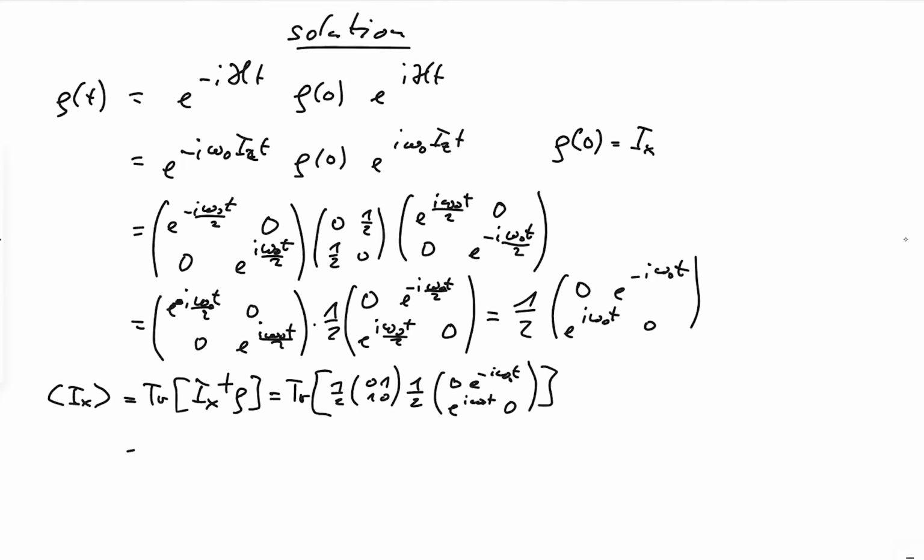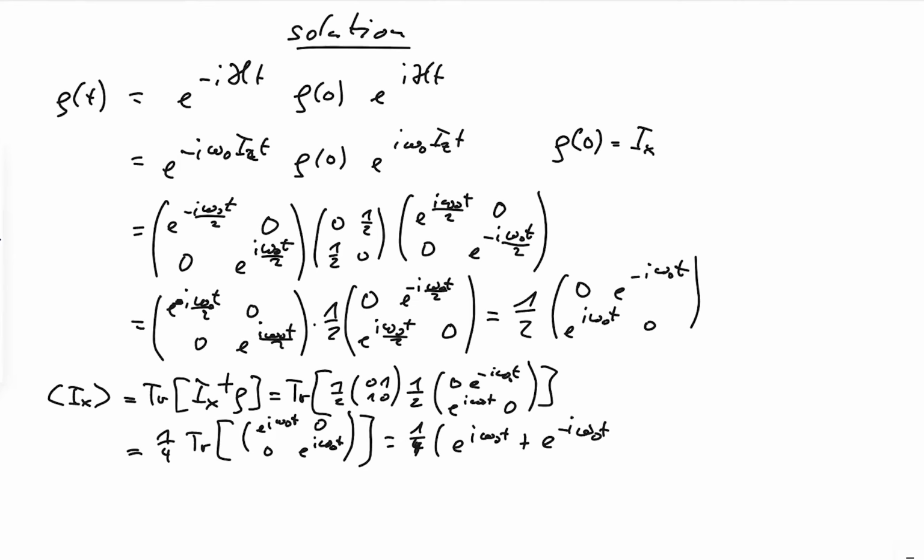And this is 1/4 trace of e to the i omega 0 t, 0, 0, e to the i omega 0 t. So we see the trace here is simply then 1/4 e to the i omega 0 t plus e to the minus i omega 0 t. And when we look at trigonometric functions, then we see that this corresponds directly to 1 half cosine of omega 0 t.